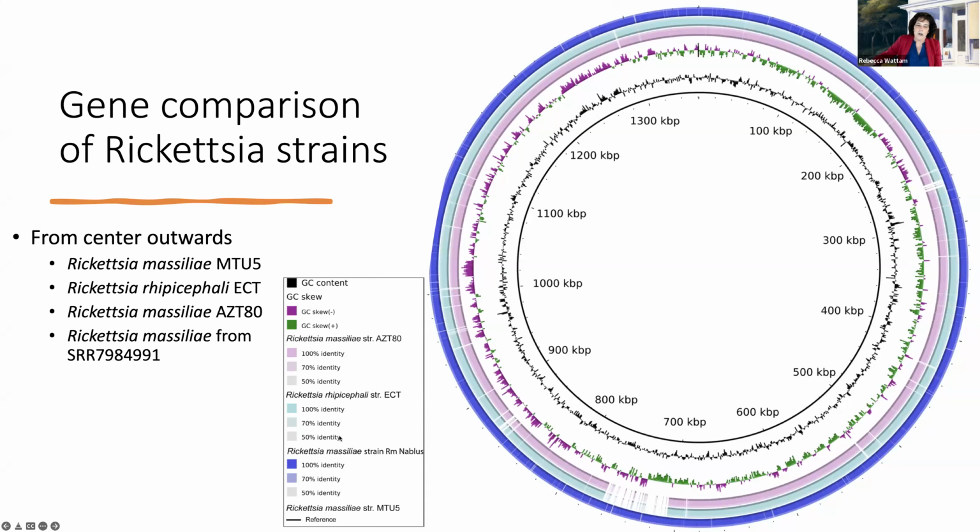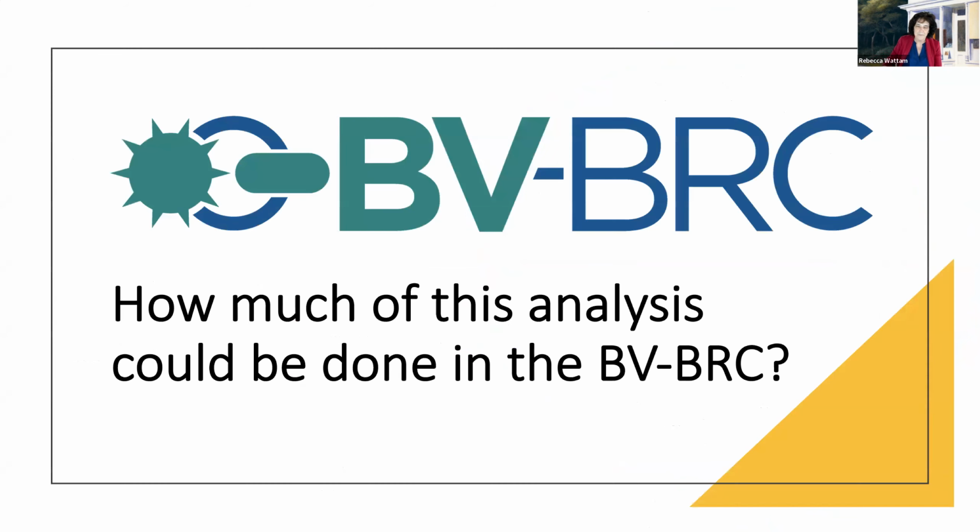Each of these, the darker color indicates 100% identity across the genes. The lighter color indicates less. So it would go from dark pink to light pink, light blue to even lighter blue, and dark blue to lighter blue for indications of homology.